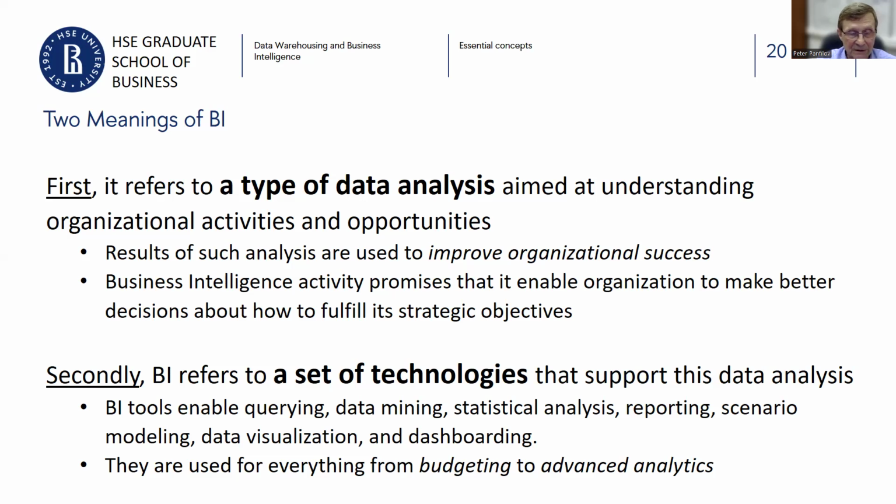So the idea of this data analysis is very special: focus on business, focus on your enterprise, focus on your processes. This is why we call it not just business analytics, we call it business intelligence. And the result of such analysis can be used to improve business processes, organizational success, and maybe transformation or innovation of the business, etc.